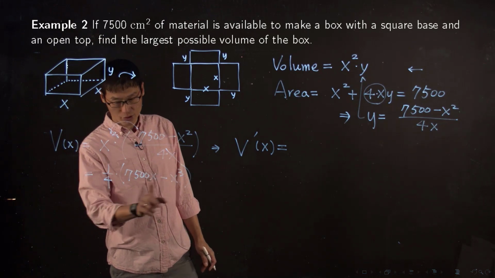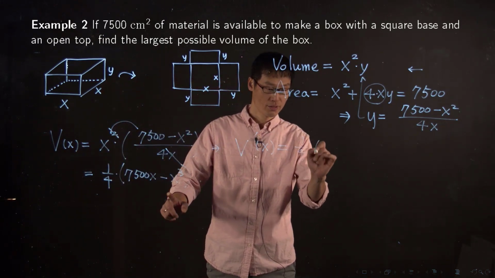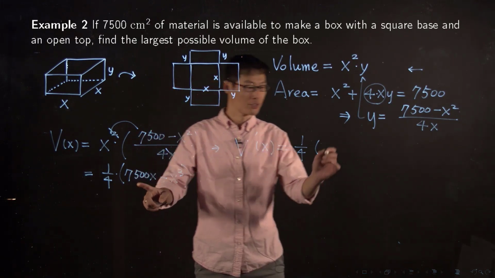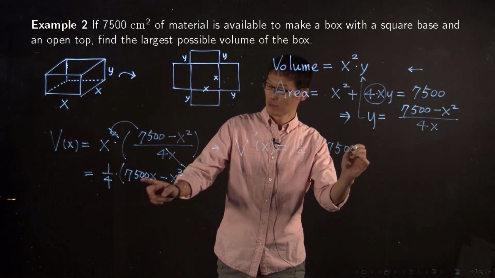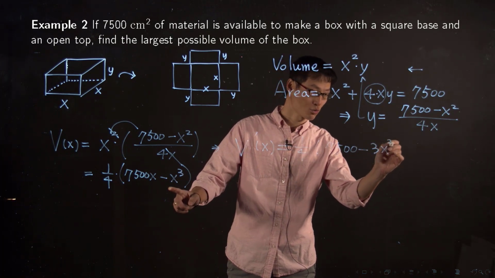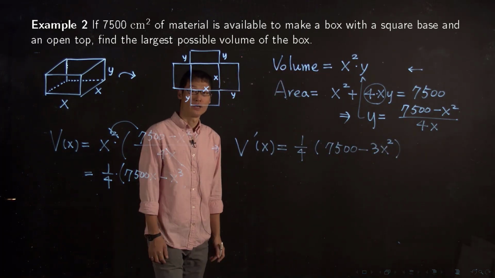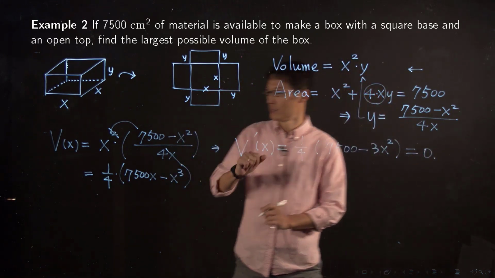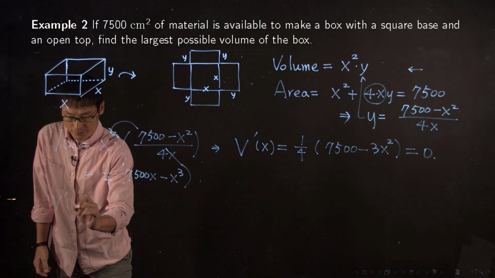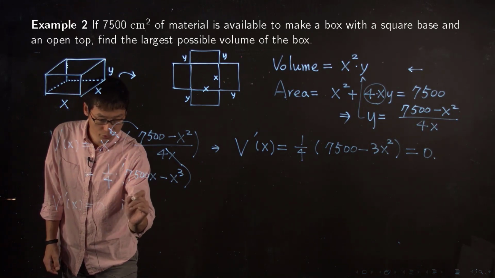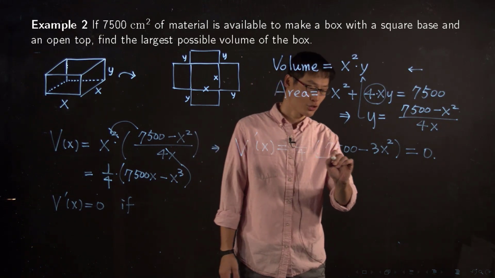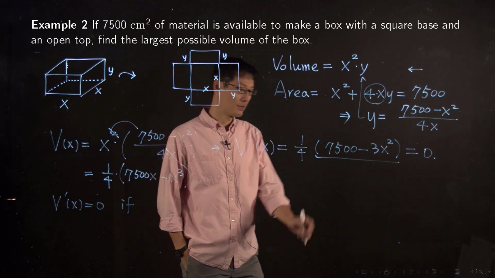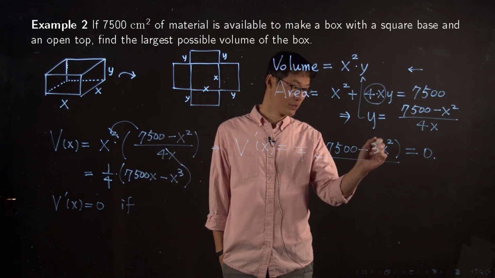So the derivative of this function is 1/4 times 7,500 minus 3x squared. Good. And we are interested in when this becomes 0. So v prime becomes 0 if this expression becomes 0. Well, 7,500 is a huge number, but this is a multiple of 3.